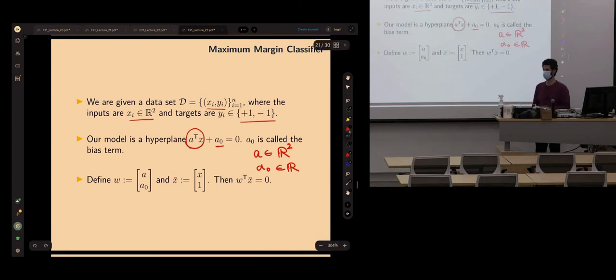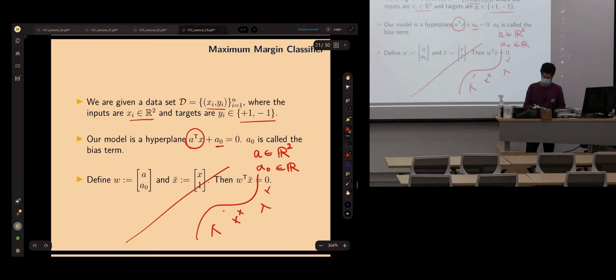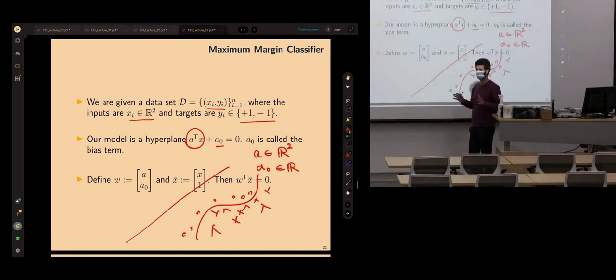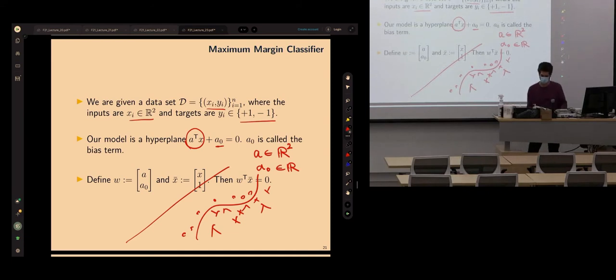Probably this model is not right in terms of parameters, or maybe it's not a line. What if the data is separated like this? Clearly, this line cannot separate this, which is a topic of Gaussian SVM that we will talk about. So it goes back mostly to this part, the model, the hypothesis, not so much about the bias term.